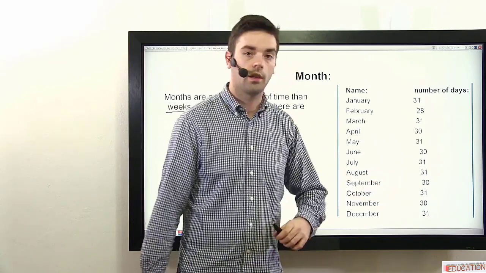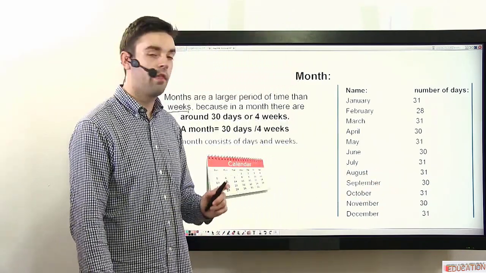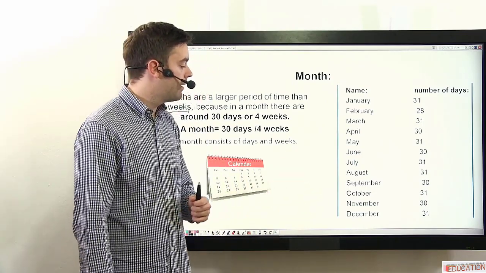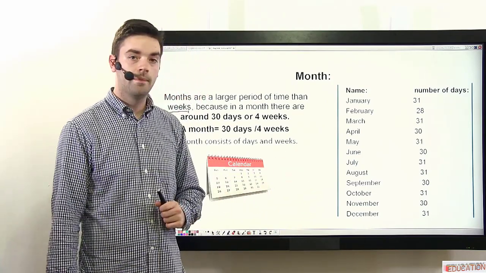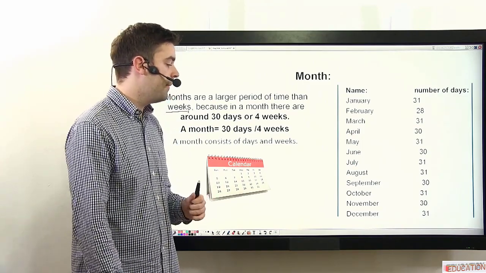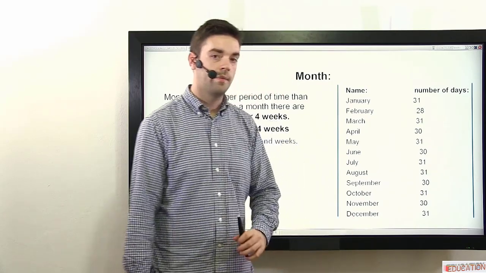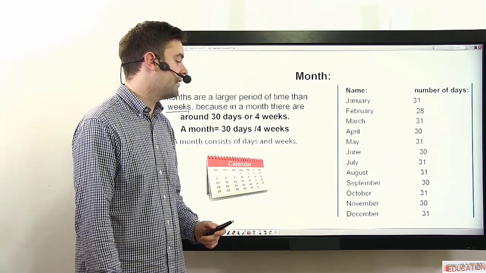August. August has 31 days. September. September has 30 days.